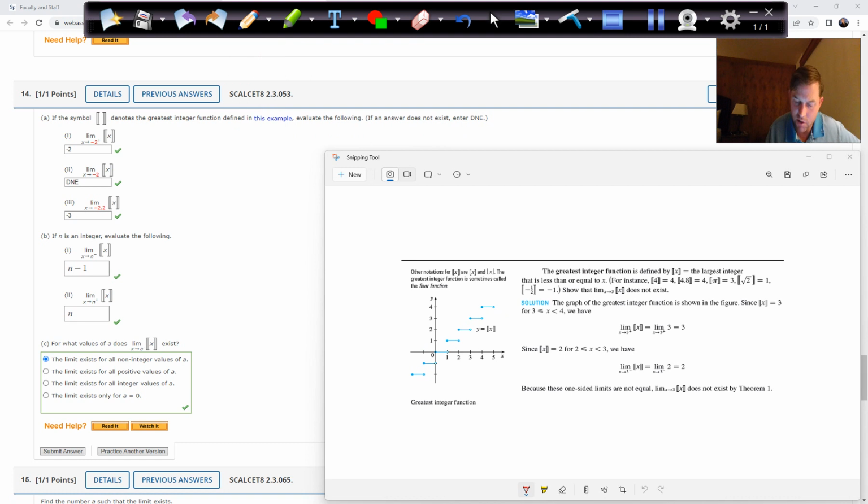That's why they call it a step function. But if I'm anywhere in between, so if I'm at 4.2 or 4.5, or I'm at 3.4 or 2.7, those will all have limits that exist because I can actually approach from left or right and be on the exact same line.